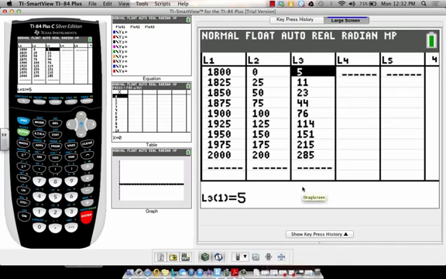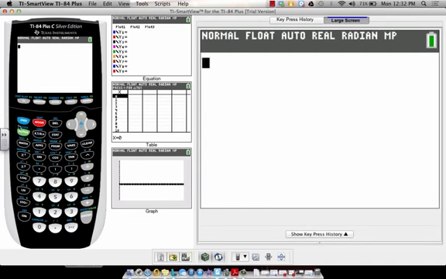Now remember, from the ladder of powers, I want to go through and take the square root of my y values, or my population. So here's another example of when I can put the information that's here, take the square root of it, and drop it into this one. So let's go back to our main calculation screen. I'm going to take the square root, which remember is second x squared, of list 3, which remember is my y value.